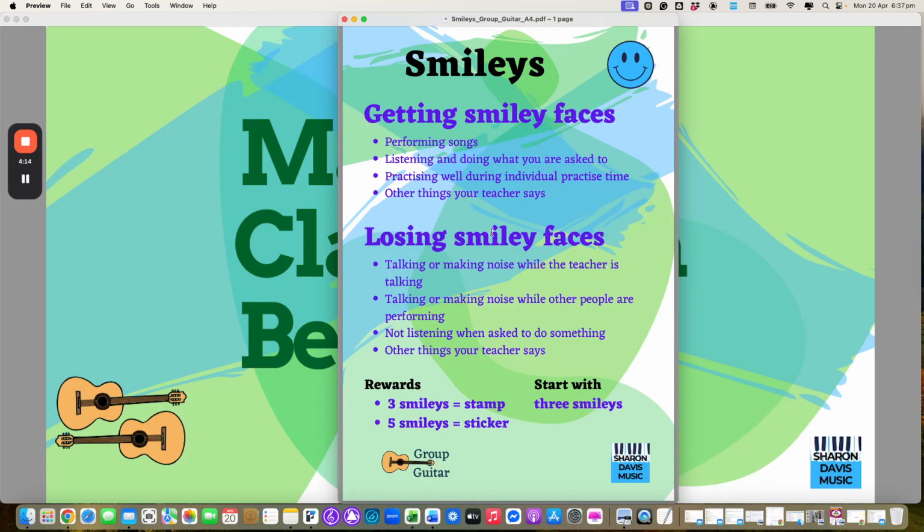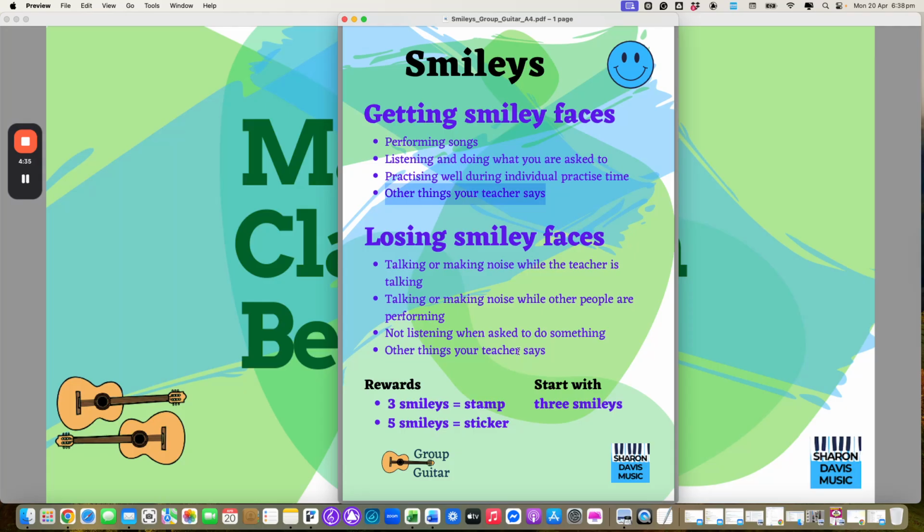And then they would lose smiley faces for the behaviours that we don't want: talking or making noise while the teacher is talking, or while other people are performing, or not listening, and other things your teacher says. So these lines in here really do give you as the teacher scope to make the rules be whatever you need them to be in the classroom.